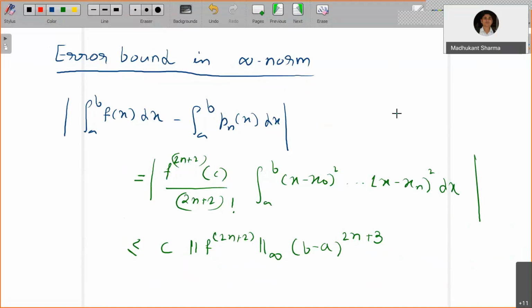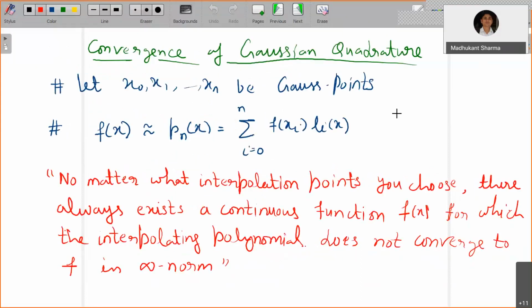But in the case of the Gaussian quadrature rule, if you integrate the interpolating polynomial, then it is going to converge for every continuous function. So the numerical quadrature rule that we have derived as the Gaussian quadrature rule is going to converge once you assume that f is continuous. But Pn may or may not converge towards f in the infinity norm. We are going to show this now.